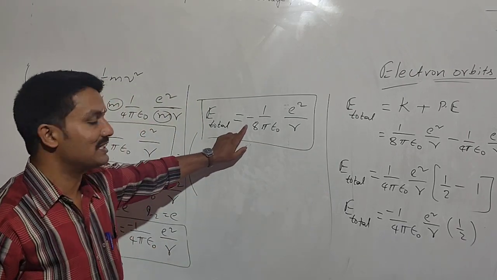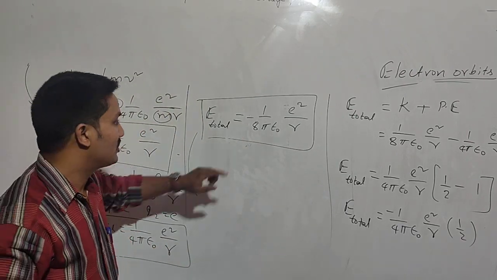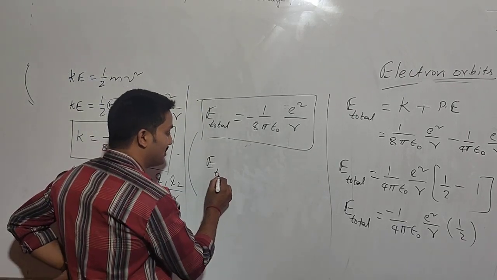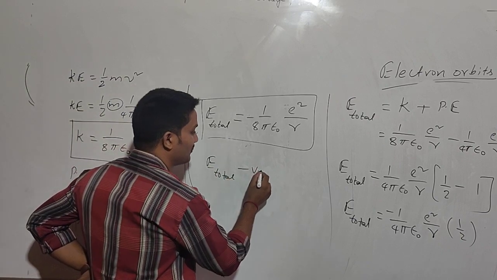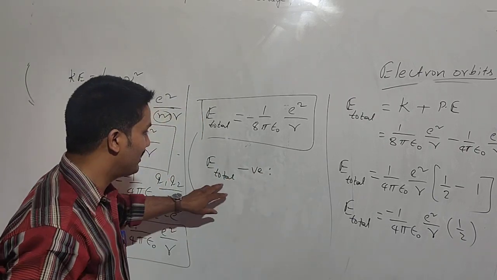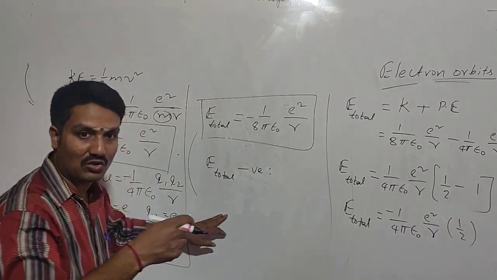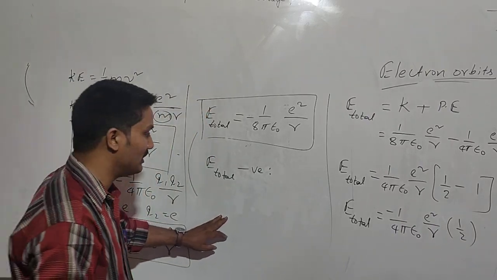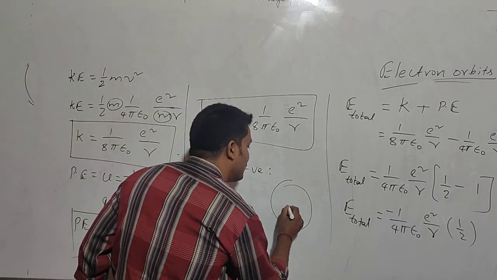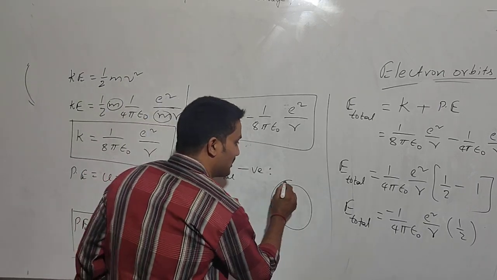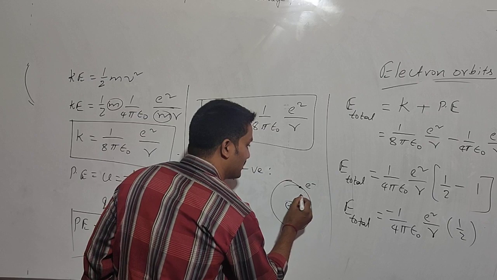Here the total energy is negative. The total energy being negative indicates that the electron is always bound towards the nucleus. For example, this one is the nucleus and this one is the electron.